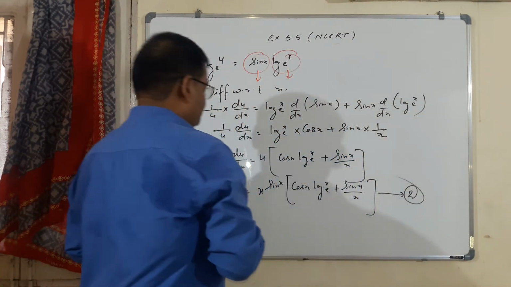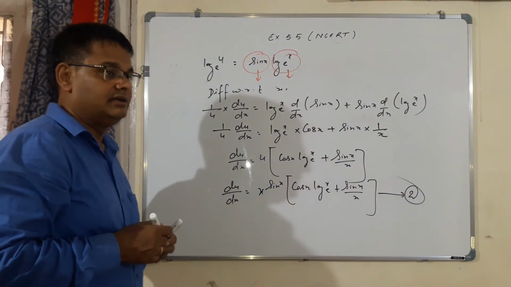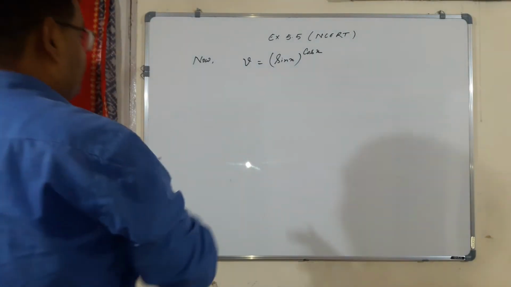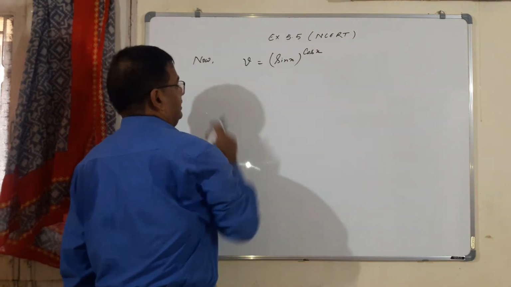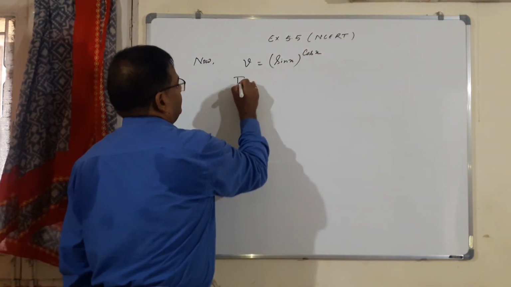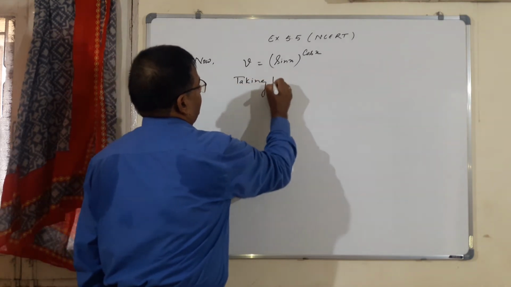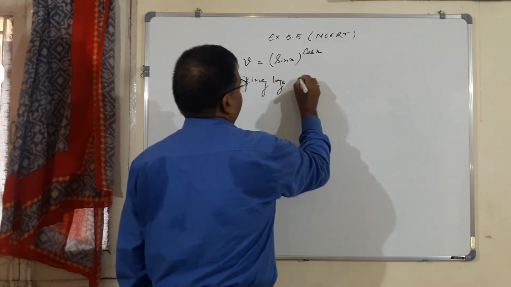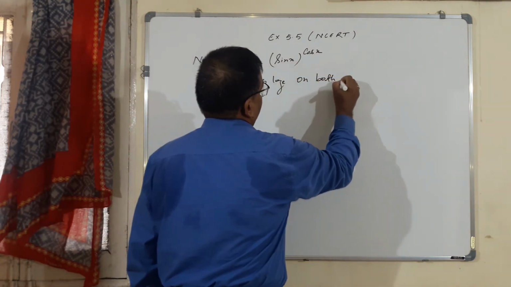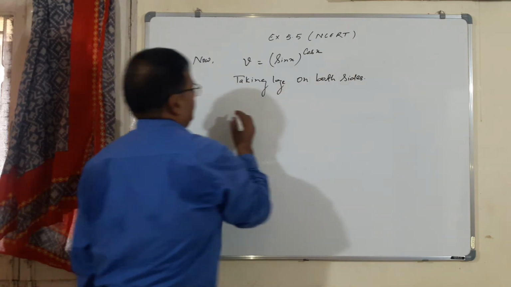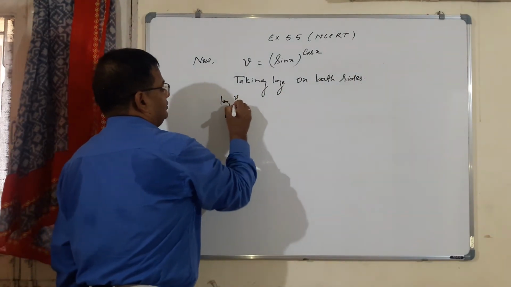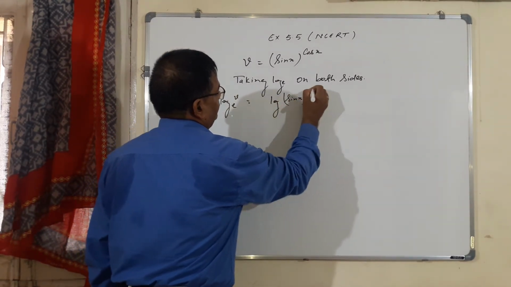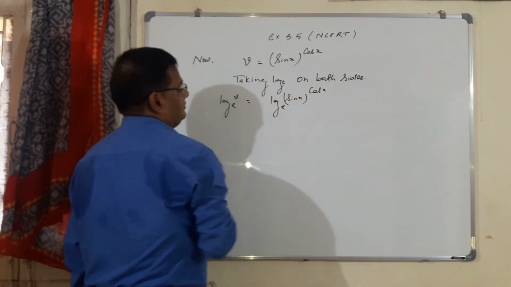Now our purpose is to find out dv by dx. So here, taking log on both sides, log v to the base e equals log of sin x raised to the power cos x to the base e.